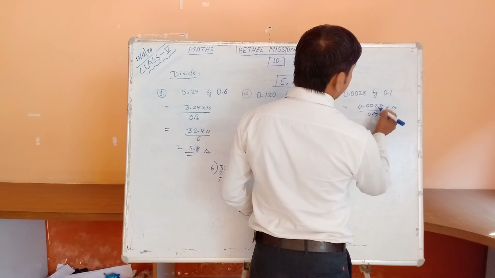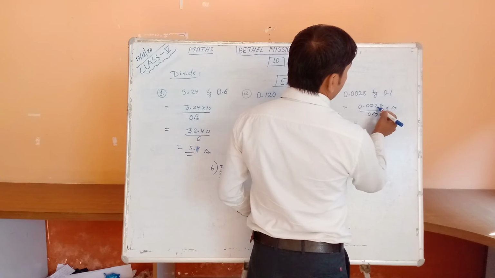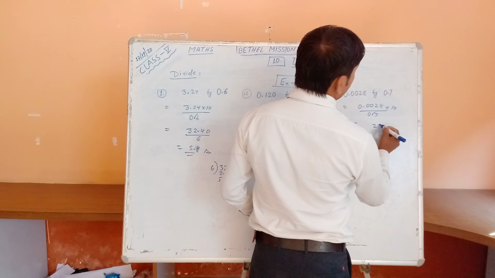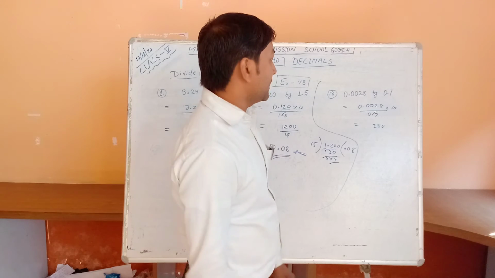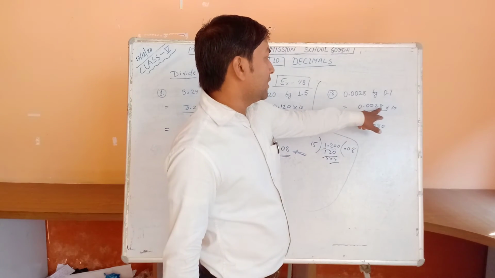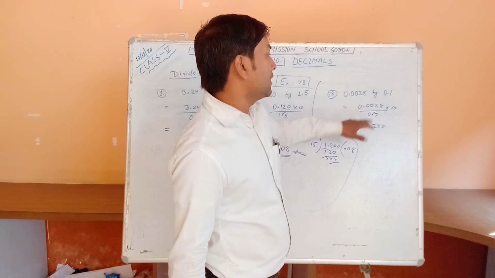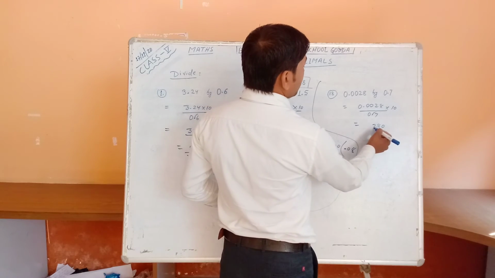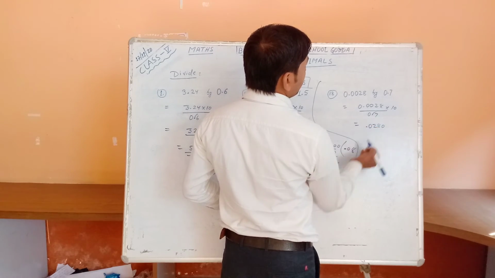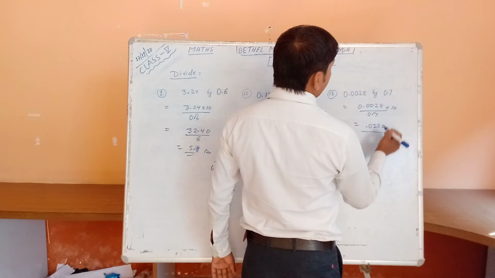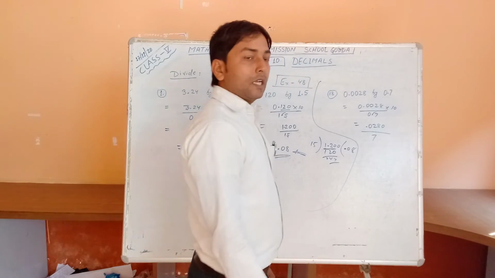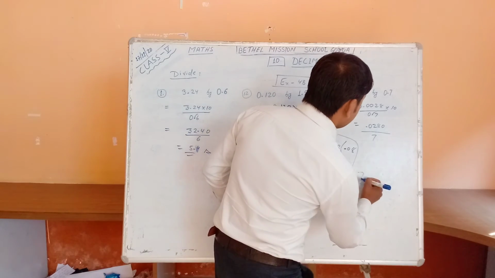Now this becomes 0.28 into 10, 0.280, and we put the decimal after 1, 2, 3, 4 digits, and the denominator is 7. Now you have to divide by 7.